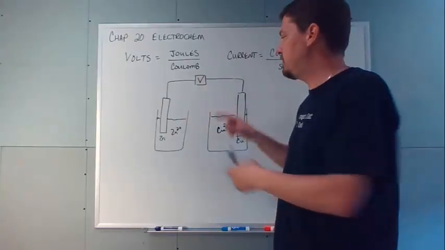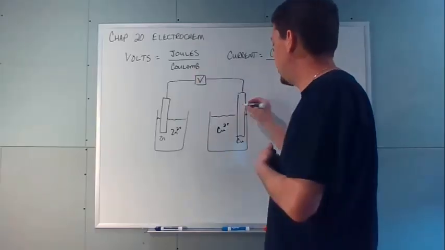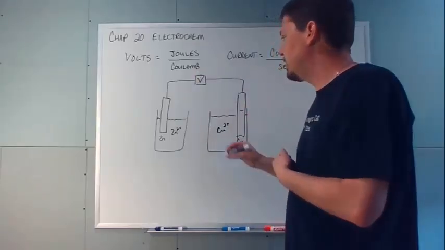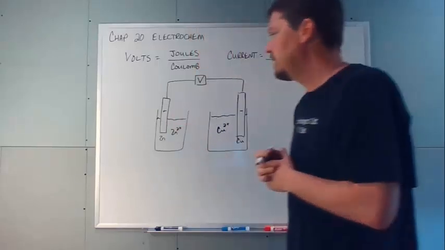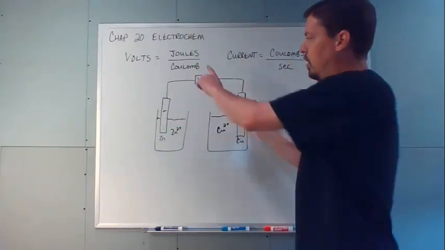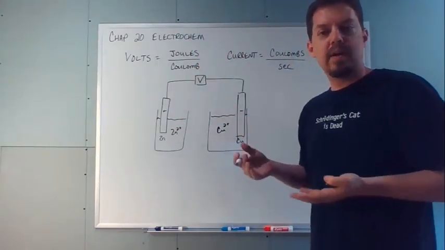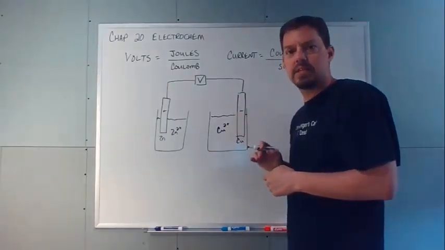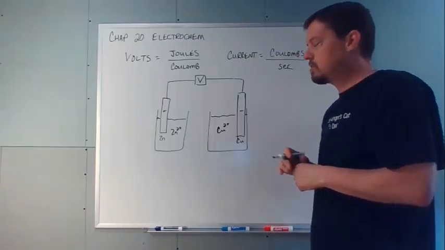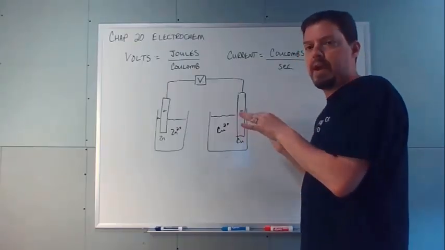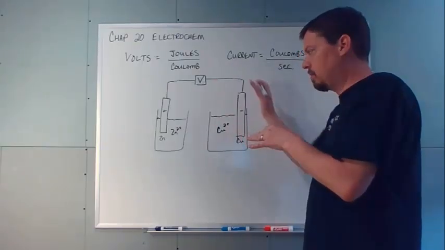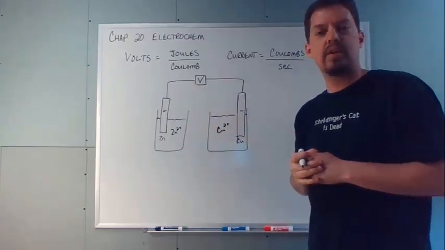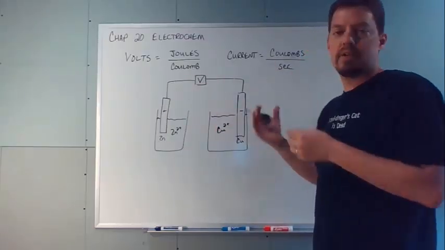If all the electrons move and this becomes negative and this becomes positive, now all the electrons are going to want to move back because they don't want to build up charge. It's not just going to build up a whole bunch of negative charges here just because. So we have to set this up to be a complete circuit so that some charge can go back to balance it all out.